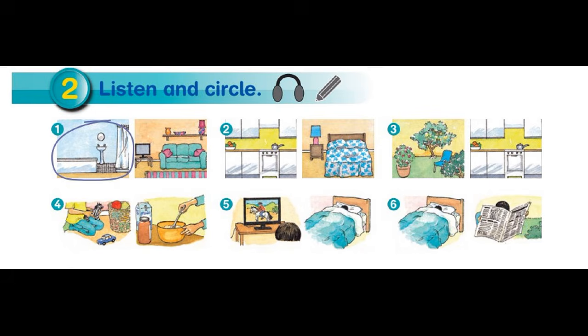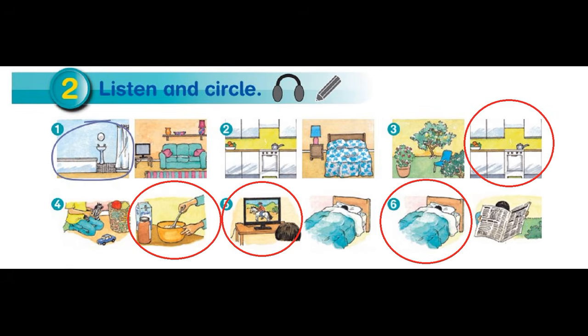1. Where's Grandfather? He isn't in the living room. He's in the bathroom. He's having a shower. 2. Mum isn't in the kitchen. She's in the bedroom. She's sleeping. 3. Where's Dad? He isn't in the garden. He's cooking. He's in the kitchen. 4.